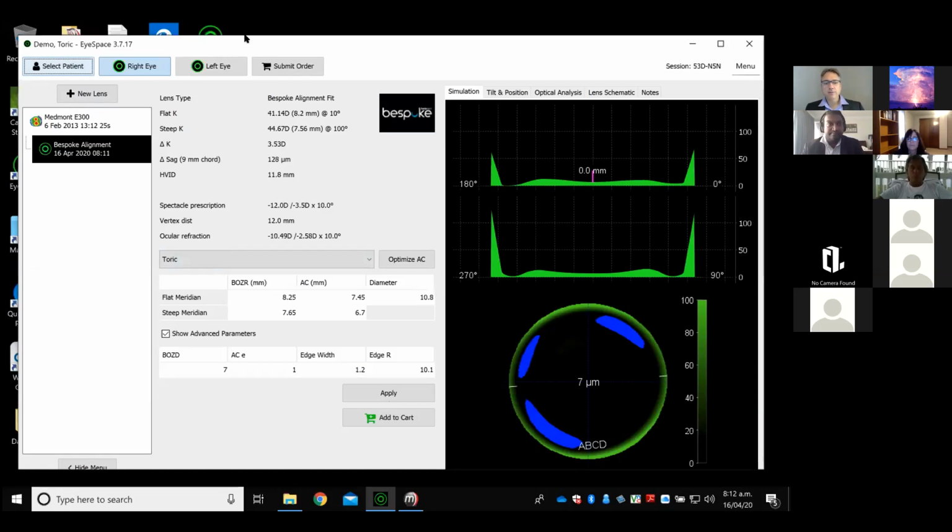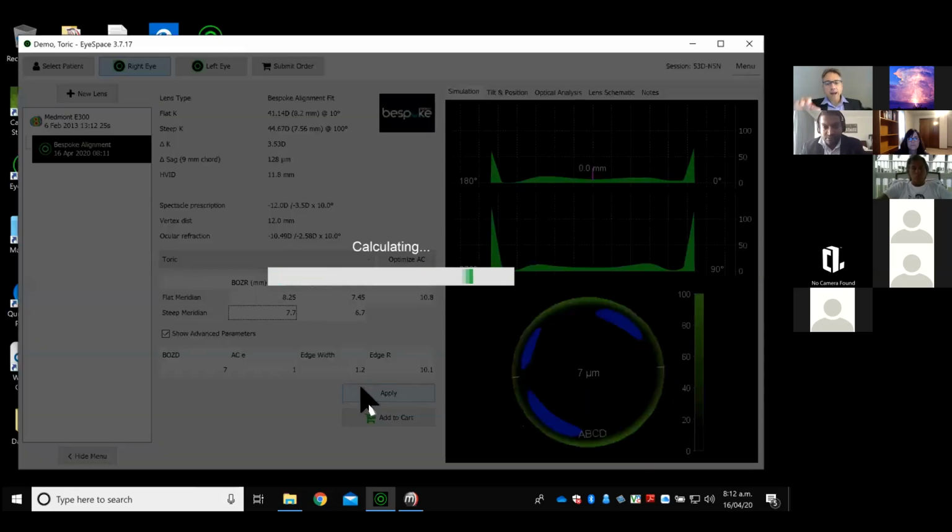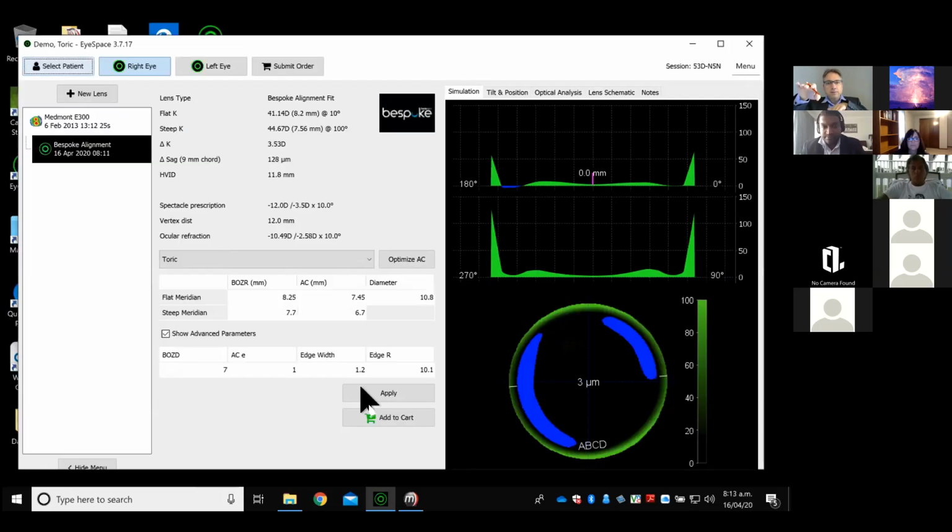So I'll flatten the steep meridian by 0.05 more, so we'll make that 7.7. Click apply. As we're lifting the vertical optic zone away, the weight distribution shifts back to the horizontal.